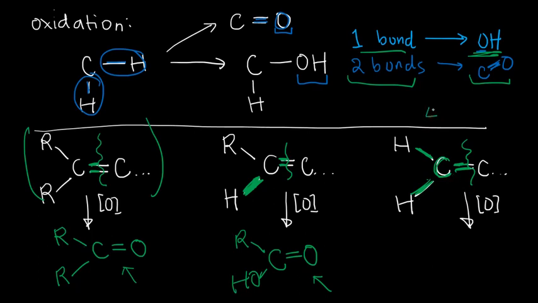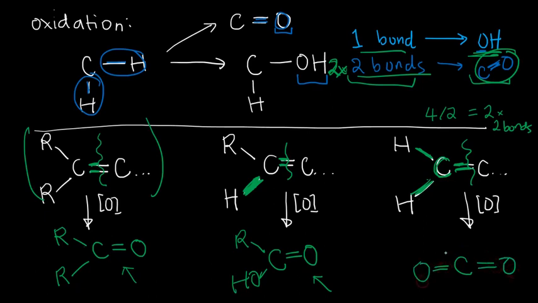And 4 divided by 2 equals 2 pieces of 2 bonds, meaning twice of this or twice of this, meaning that my product here has not just one but two double bond O's. And I think that is logical. Okay, we did a little bit of basic math to get here, but this is what it looks like.